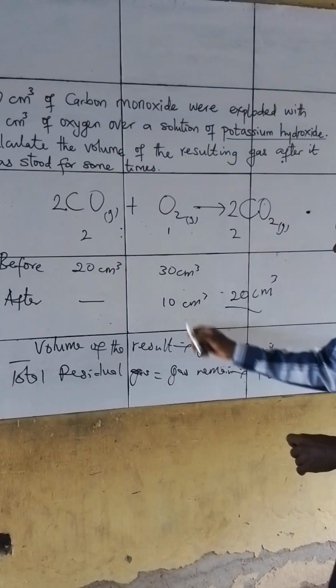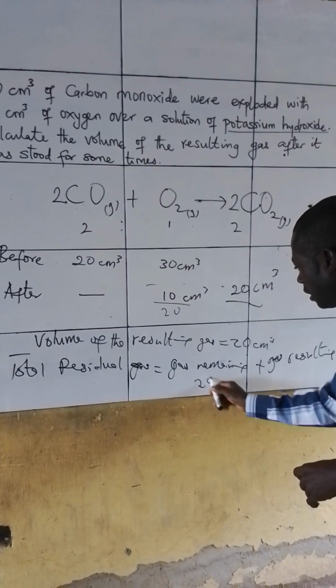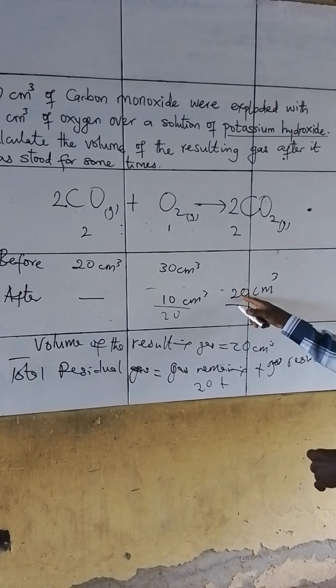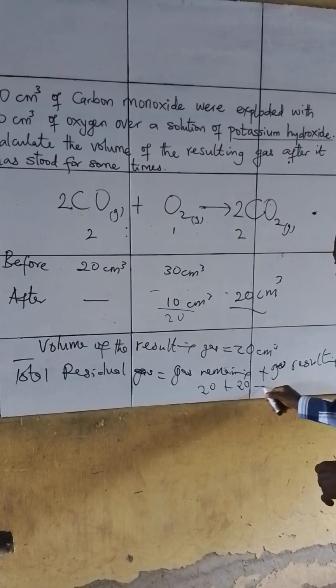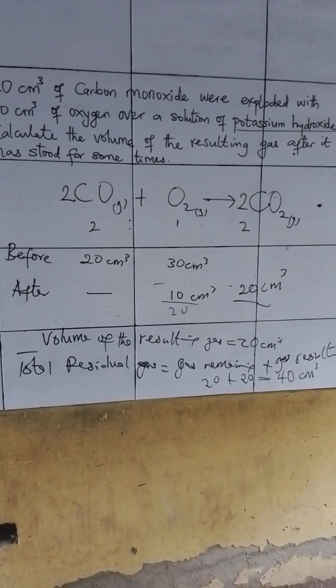The gas remaining is 30 minus 10, which is 20, plus the resulting gas, which is 20. So the total resulting gas will be 40 cm³. It's as simple as that.